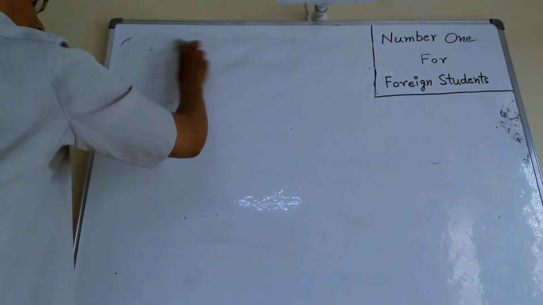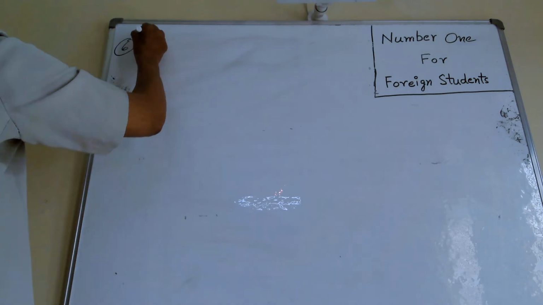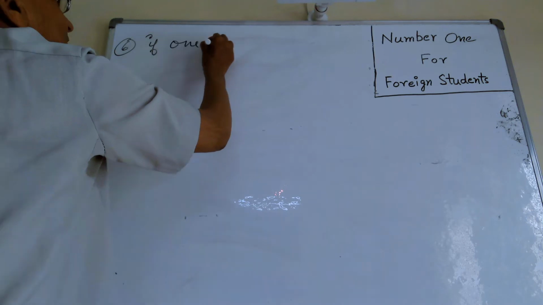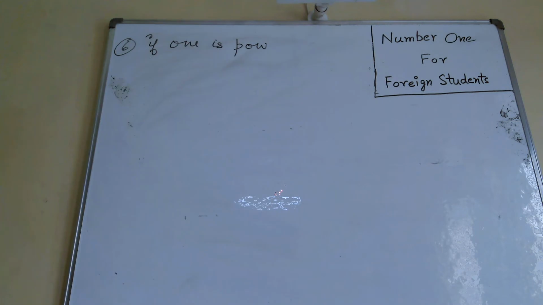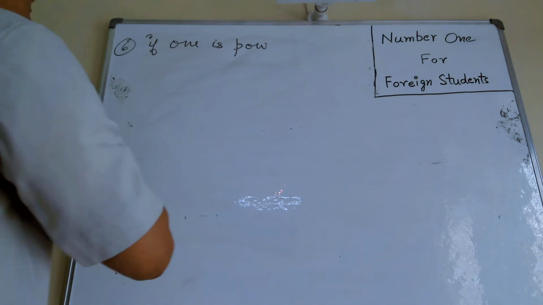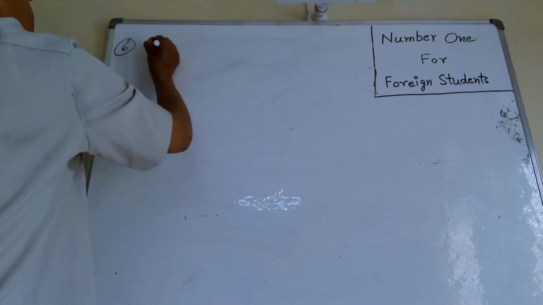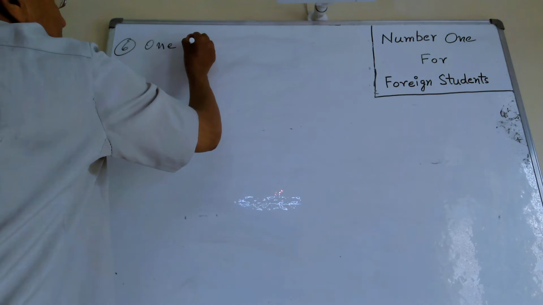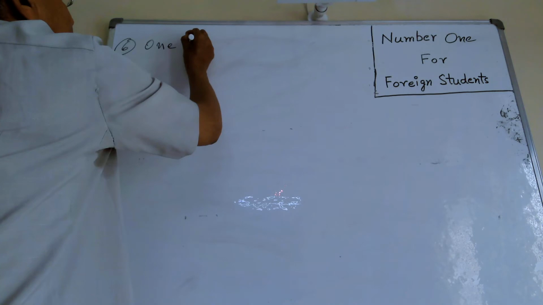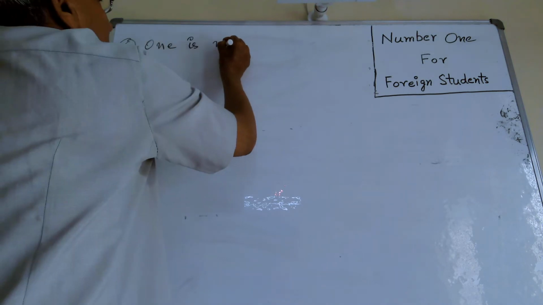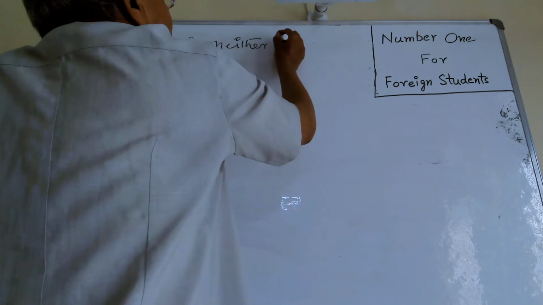Sixth property. In the sixth property, 1 is neither prime nor composite number.